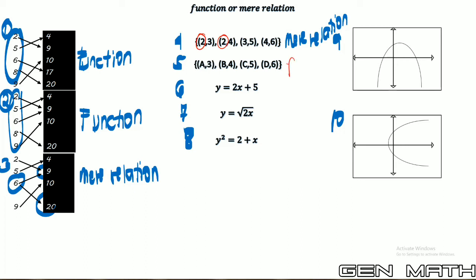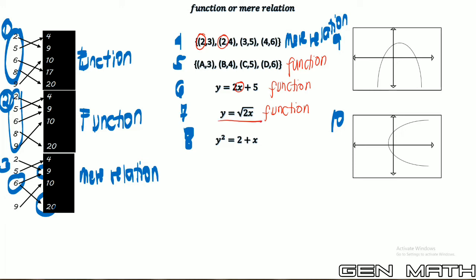Number 5 is a function because you cannot find a value in x that is repeated. For number 6, this is a function because you cannot find a number that, if you substitute it to x, the result will be 2 or more numbers. Number 7 is a function. Okay, so this is the rule of the square root.